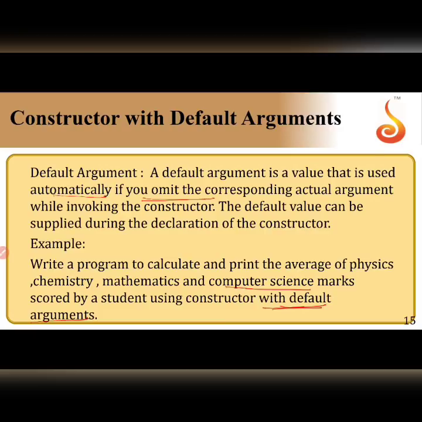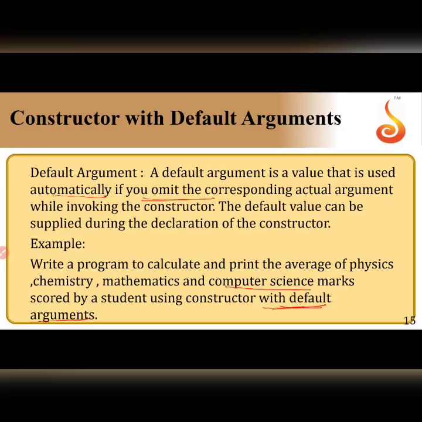The same thing for the function also. If suppose you need to pass 3 formal parameters, then you need to pass all the 3. If you miss out, then it will give you error. But if you would have set a default value to it, it will take that value.